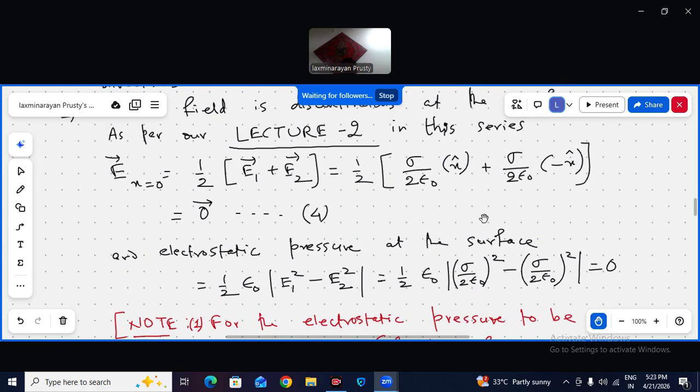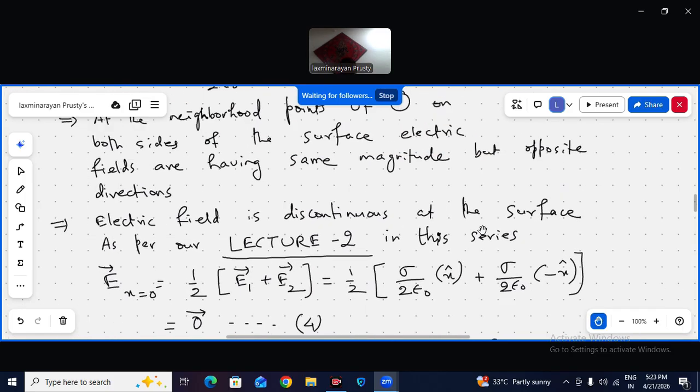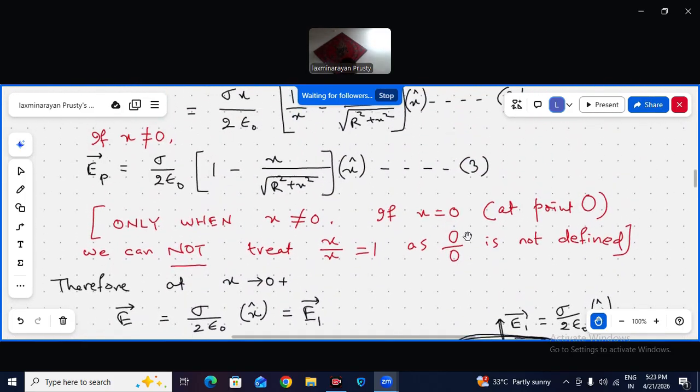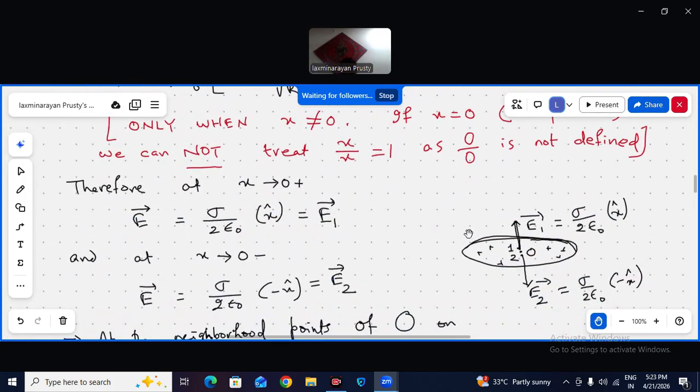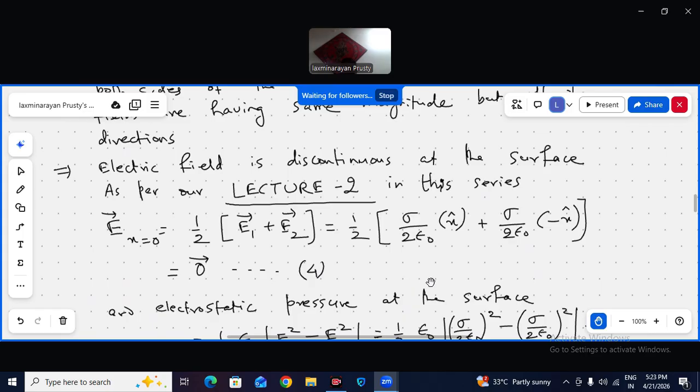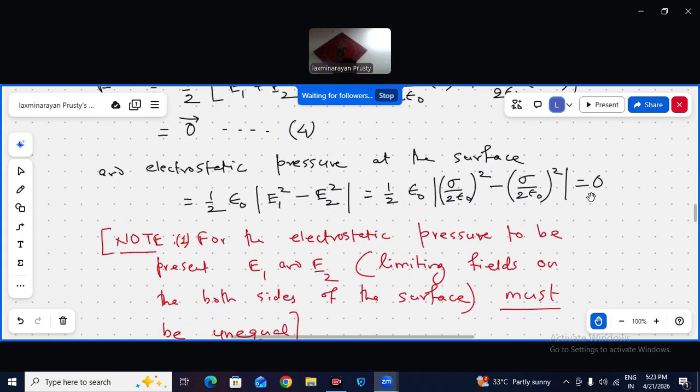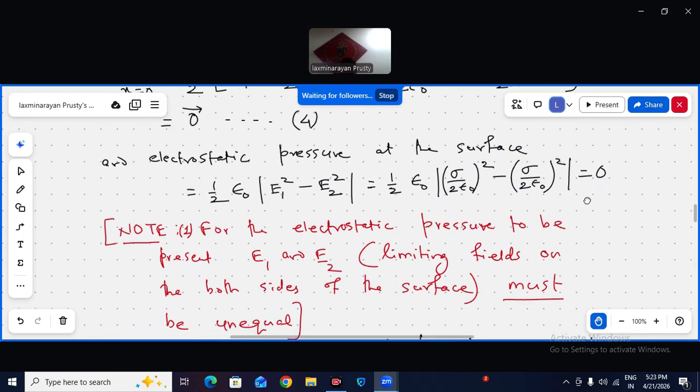And the electrostatic pressure will be how much? As I told you, again refer to lecture 2, it is half the magnitude of E1 square minus E2 square. E1 square is sigma square by 4 epsilon 0 square, and E2 square is also sigma square by 4 epsilon 0 square, the magnitude squared. They will cancel out and the pressure is 0.